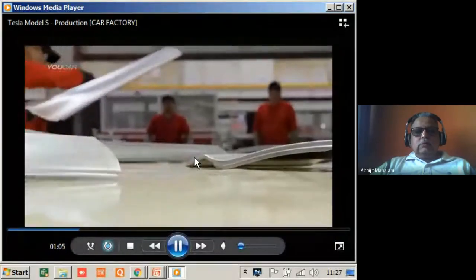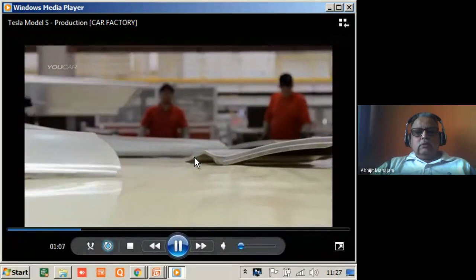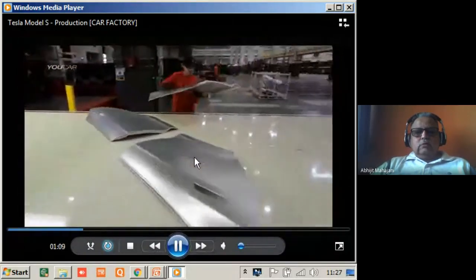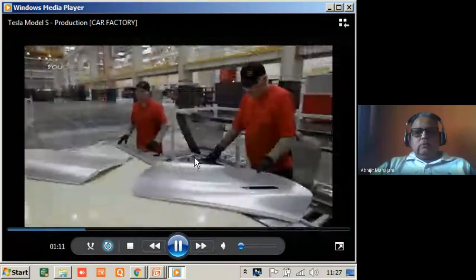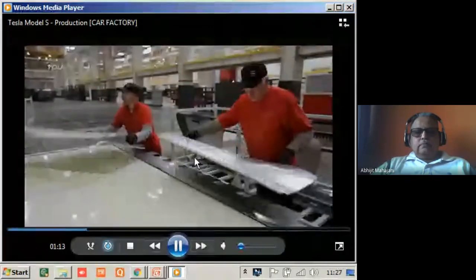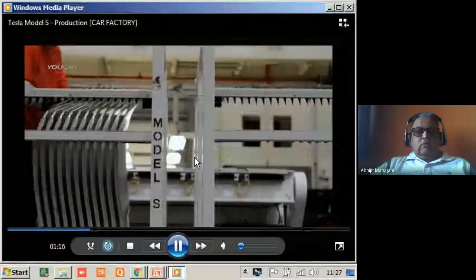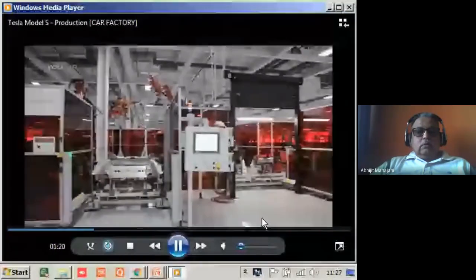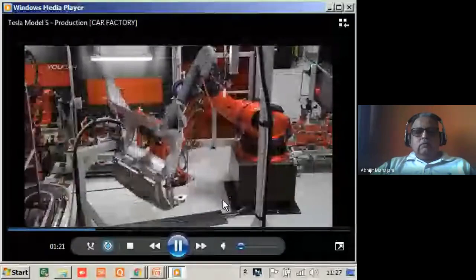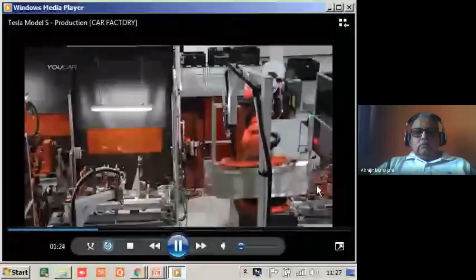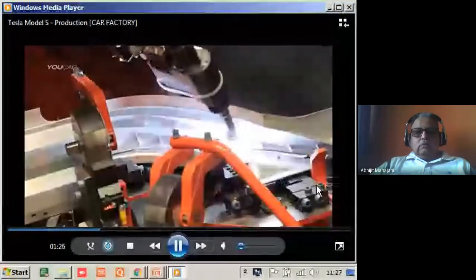And here you will see people doing the visual inspection of the components. Nowadays you get equipment which can probably replace even these people. But being a vehicle for personal use, people are still maintained.